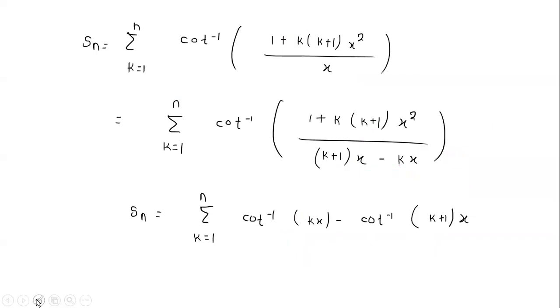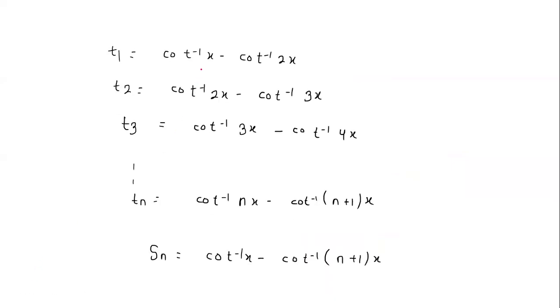Now we have this summation in the form of a difference of two terms. So now we put different values of k. Let's start with k equal to 1: we have cot inverse of x minus cot inverse of 2x. If you put k equal to 2, you have cot inverse of 2x minus cot inverse of 3x. If you put 3, then you have cot inverse of 3x minus cot inverse of 4x, and so on.